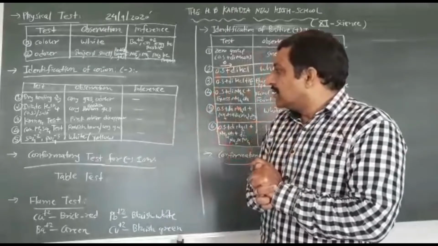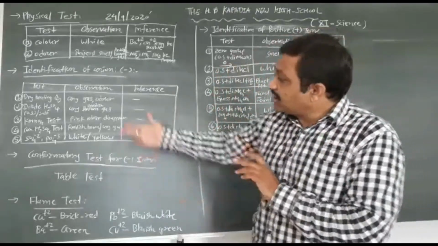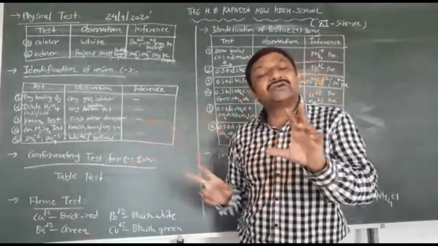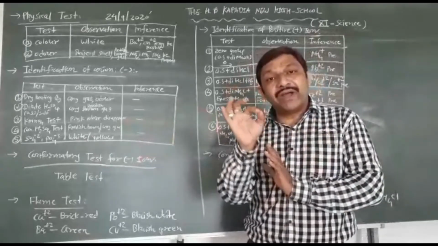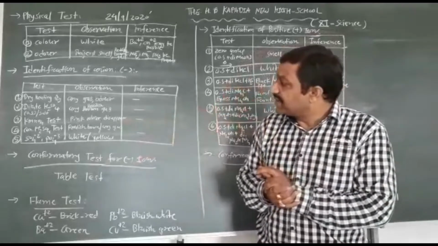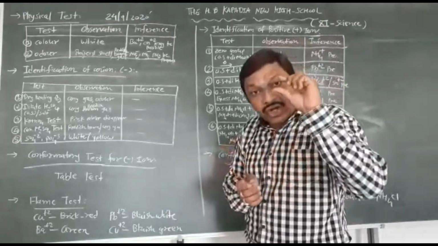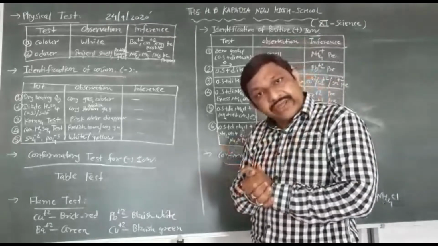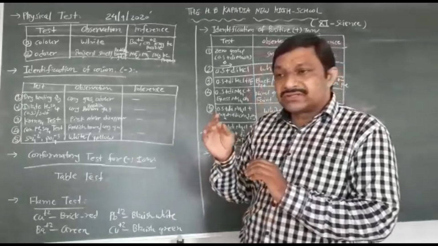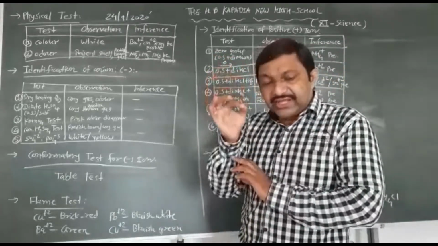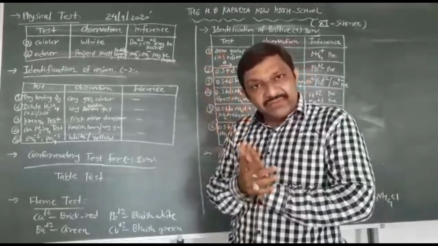Now the third test, the KMnO4 test, especially for the halogen group: chloride, bromide and iodide. In the KMnO4 test, you have to take your unknown salt or solution, then add concentrated sulfuric acid, then add 1 drop of KMnO4.